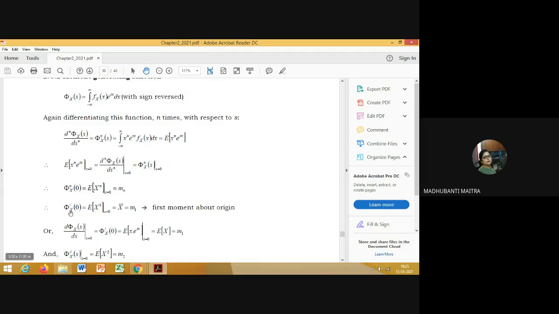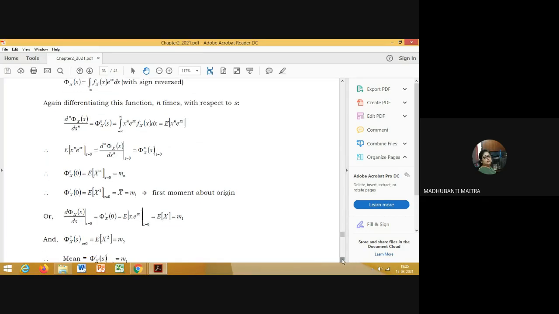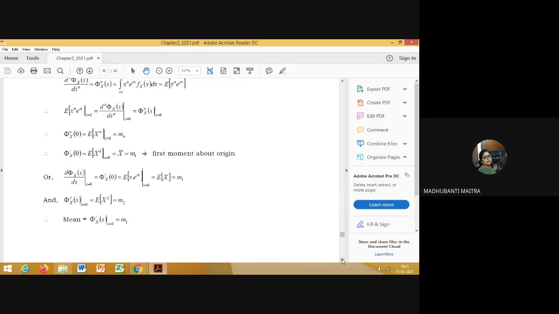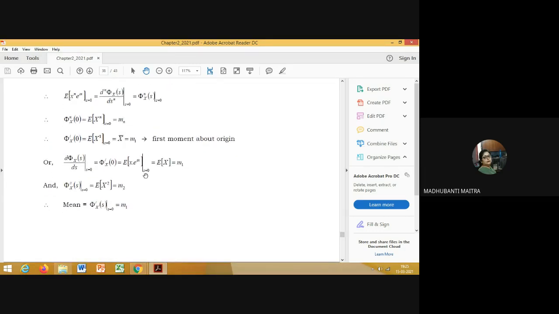From the first derivative evaluated at s equal to 0, we'll get the first moment about the origin, which is the expected value of the random variable, that is x bar, equal to m_1. You can see the derivation. I guess it's clear.